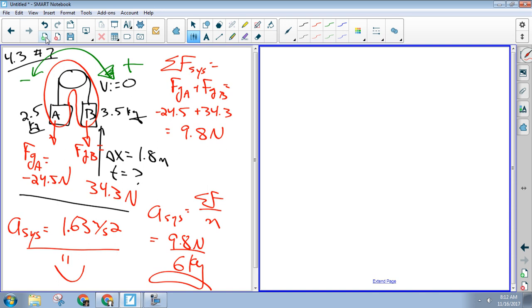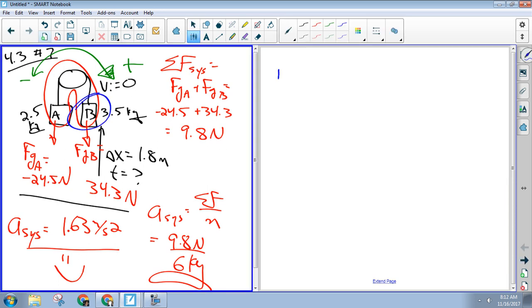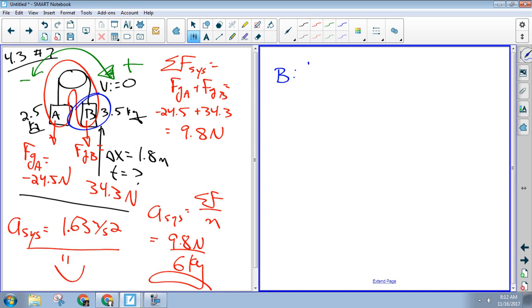Okay, so now what we're going to do is find the time it takes for block B to hit the ground, right? So let's write down what we know about block B. Block B has an initial velocity of 0. We know that it's going to go down through a displacement of 1.8 meters. Since it's going down, I'm going to make that negative. Follow?